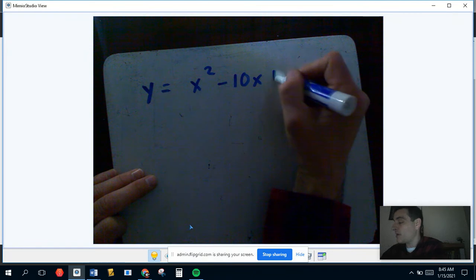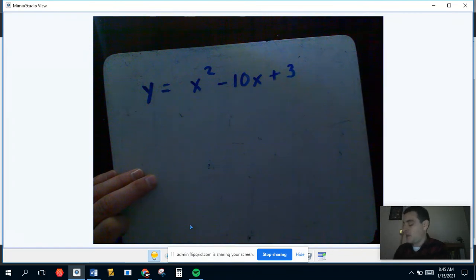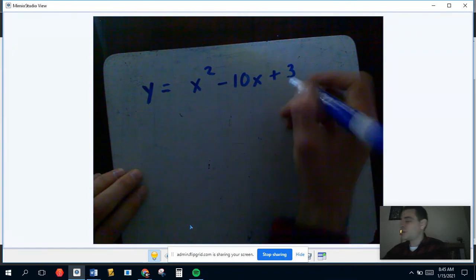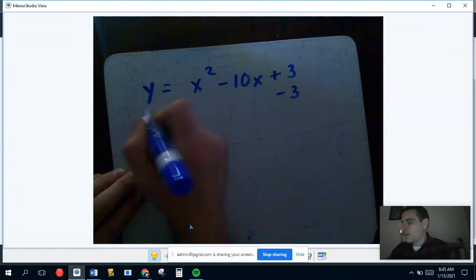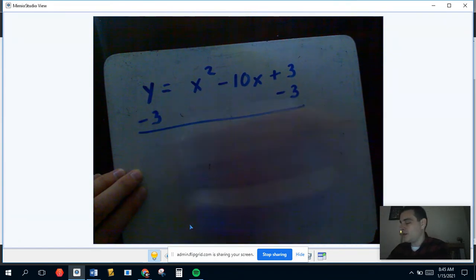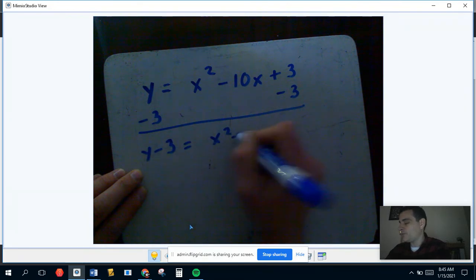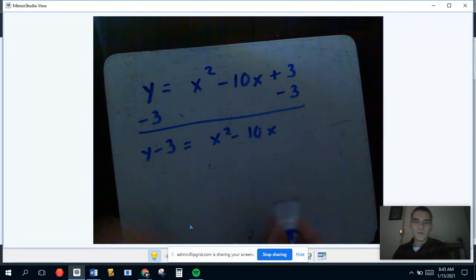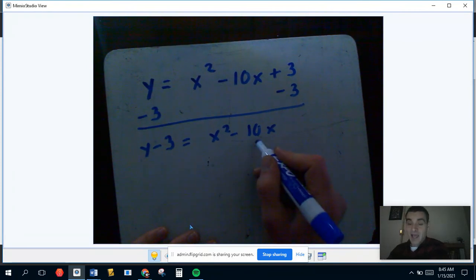And this could be whatever. It doesn't really matter what that is. Again, let's change that to vertex form. So let's move the 3, which again, if you look at a different video, they may not move the 3. I just think it's easier.